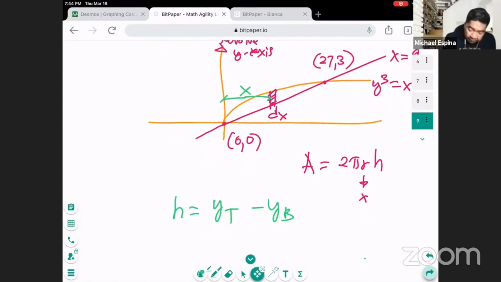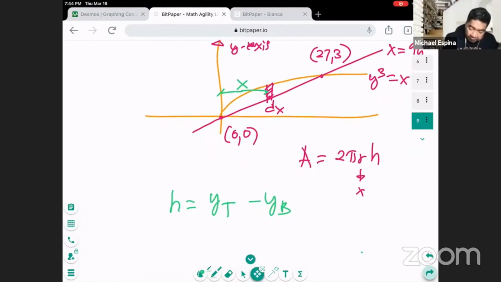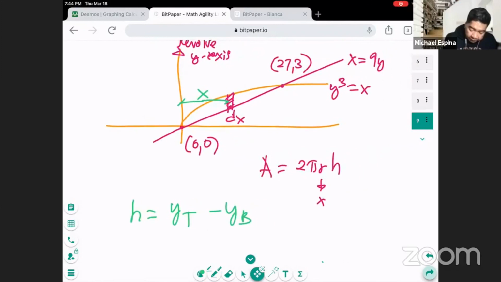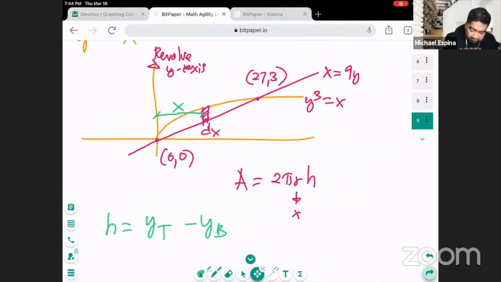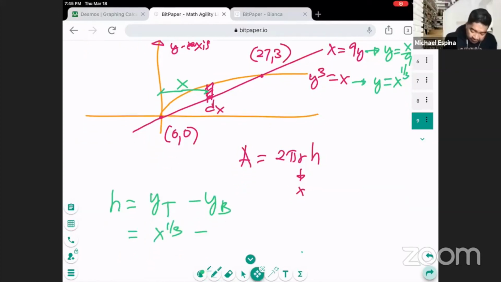This should be in terms of x, so let's solve this first in terms of x. So y equals x to the 1/3, right? And this one here should be y equals x over 9. The x to the 1/3 is the one on top, so x to the 1/3 minus x over 9.